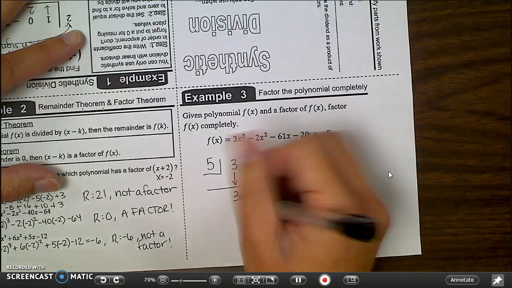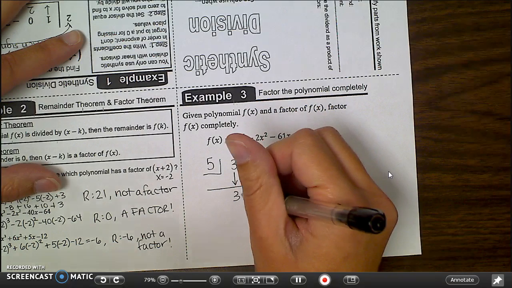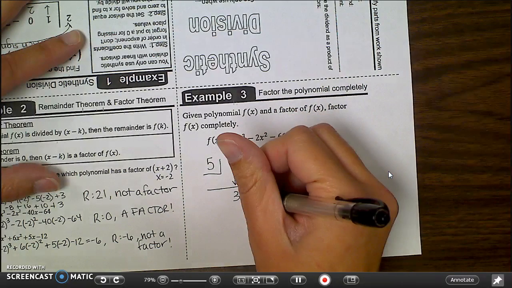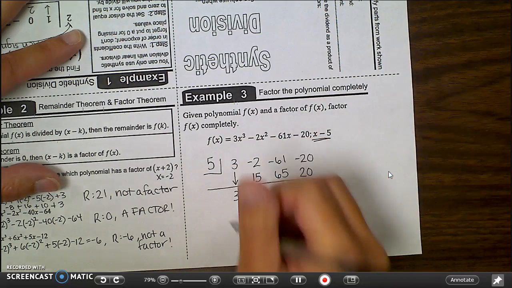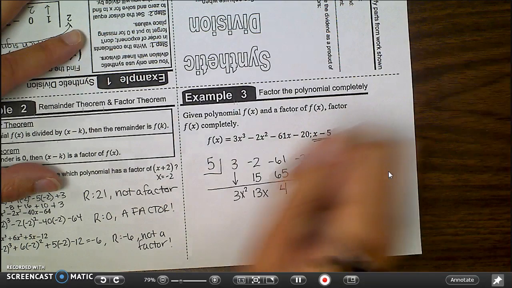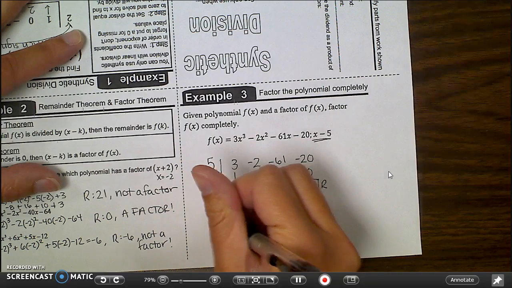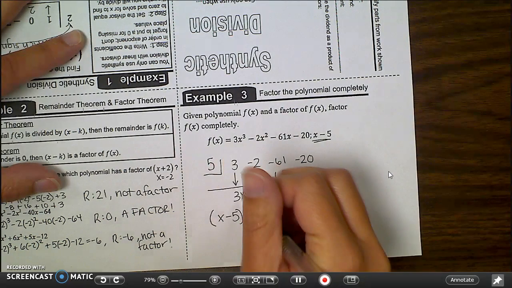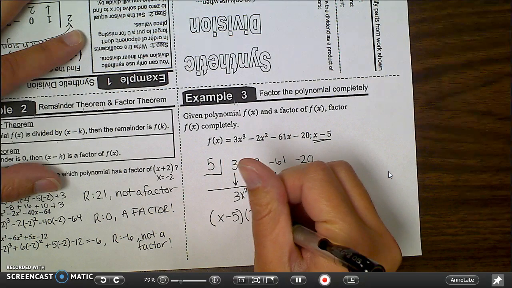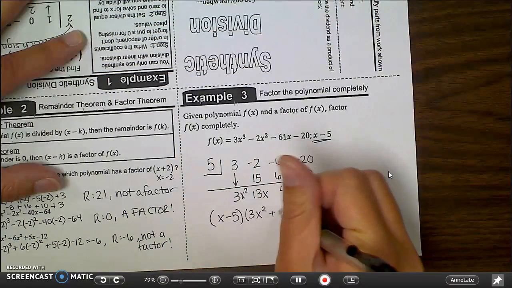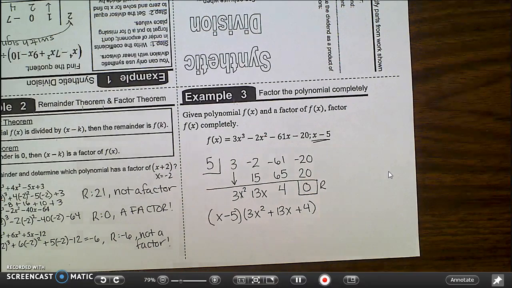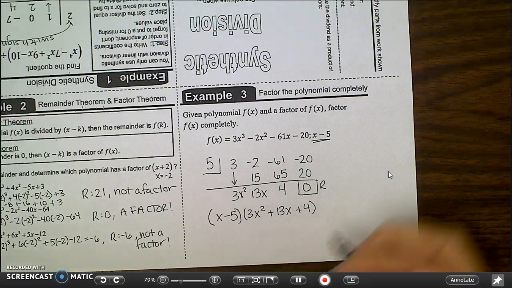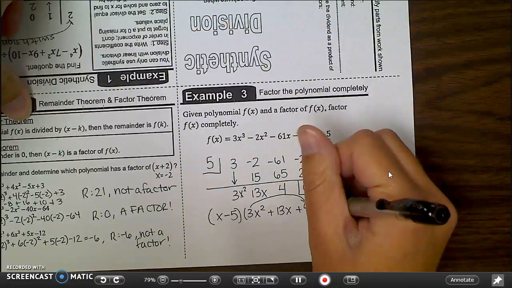So now when I write this new thing out, my quotient, it will be 1 degree less, so x squared, x, and no x. And so if I'm writing this out in factored form, one factor was x minus 5. When I divided that out, this is the other factor now, so 3x squared plus 13x plus 4. And then that this is now a quadratic, I can probably just factor this like normal, where I slide divide bottoms up.